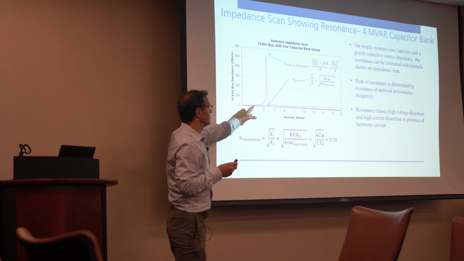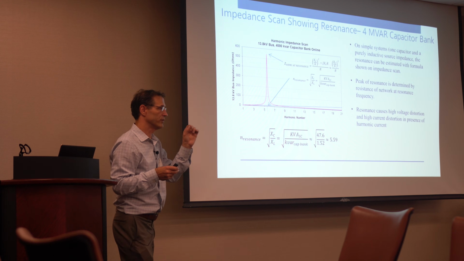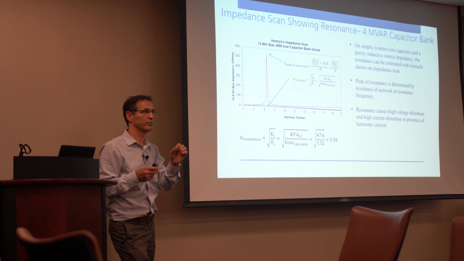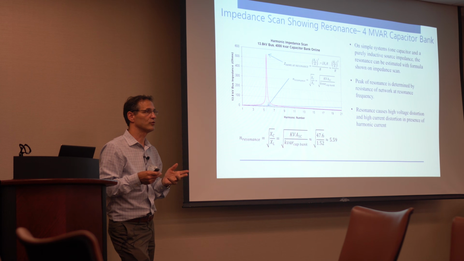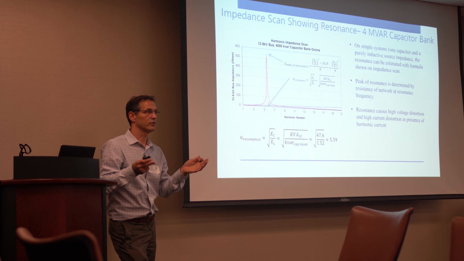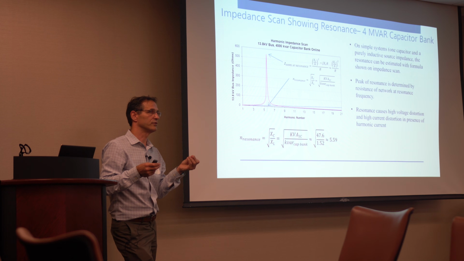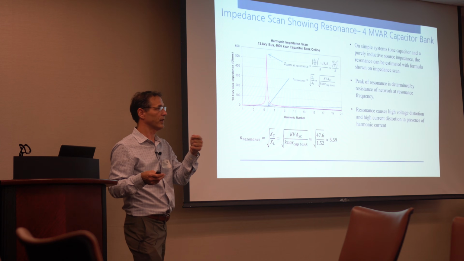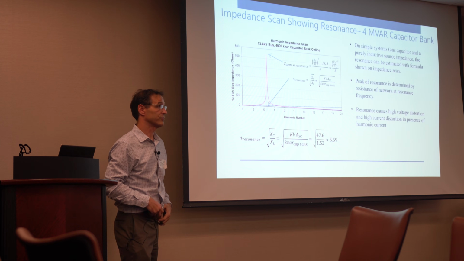But the reality is that all those drives will put out a low-level 5th, 7th, 11th, 13th, even if it's a 24-pulse drive, because the network's not perfect. You have unbalances in the network, and you're going to get a small level of current injection. Additionally, you're going to have other loads within an industrial plant that will put out low-level 5th, 7th, 11th, 13th.